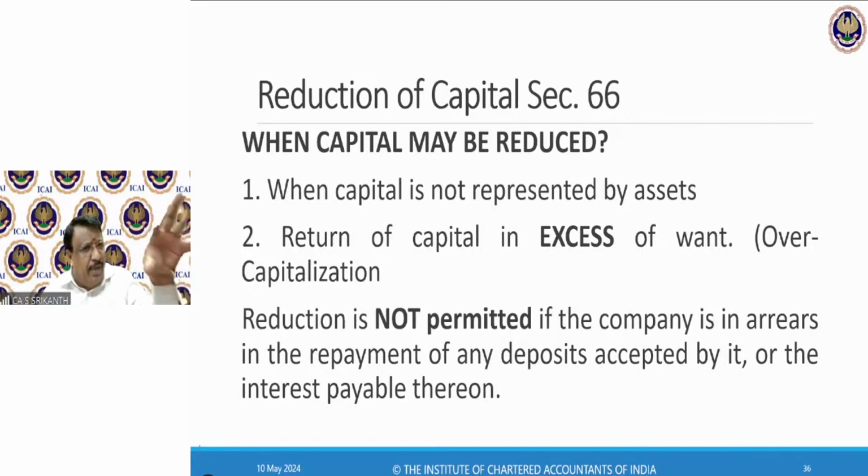So the share capital and free reserves which are there in the balance sheet should be represented by assets. If the capital is not represented by assets, then it is better that you reduce the capital, meaning you reverse the share capital. This is one more situation where share capital account will be debited.